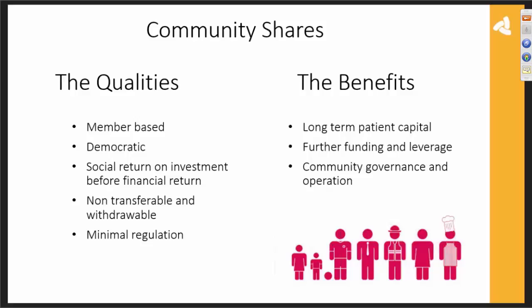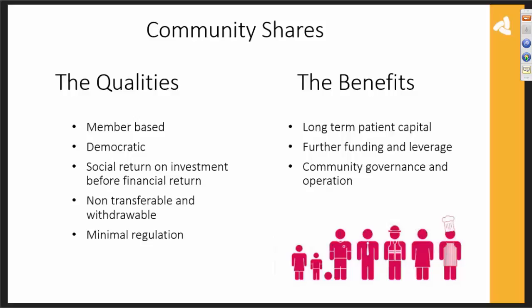And then finally, just to reiterate this idea of community governance and operation, this is what it's all about. This is about building enterprises that are truly owned by the community and truly run by the community. We tend to see that if people invest and become a community shareholder, they're much more likely to engage in other ways in the community and in the enterprise, be it actually using the service, or being a board member or volunteer.